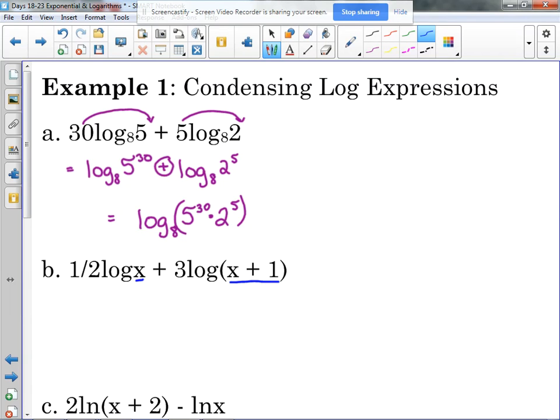But they are not the exact same log, so our coefficient to power gets applied first. So that's log of x to the 1/2 plus log of x plus 1 cubed.